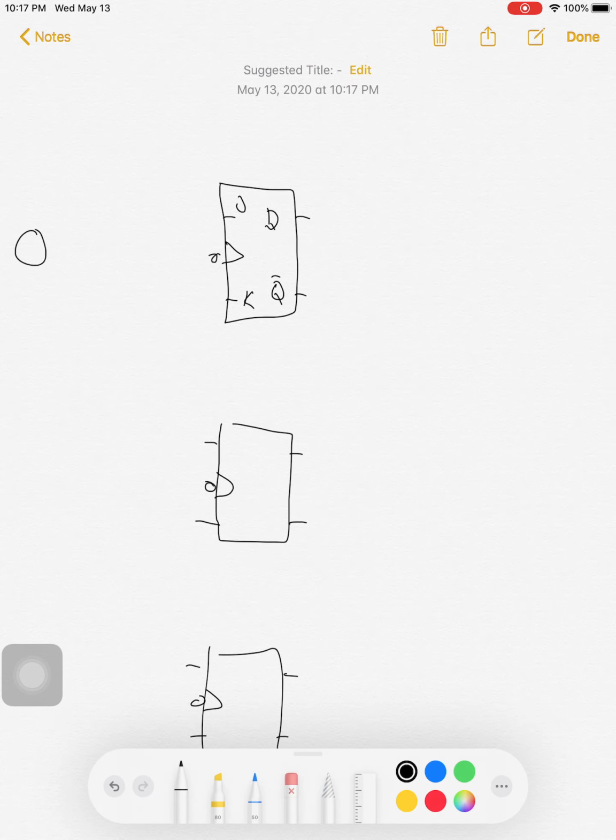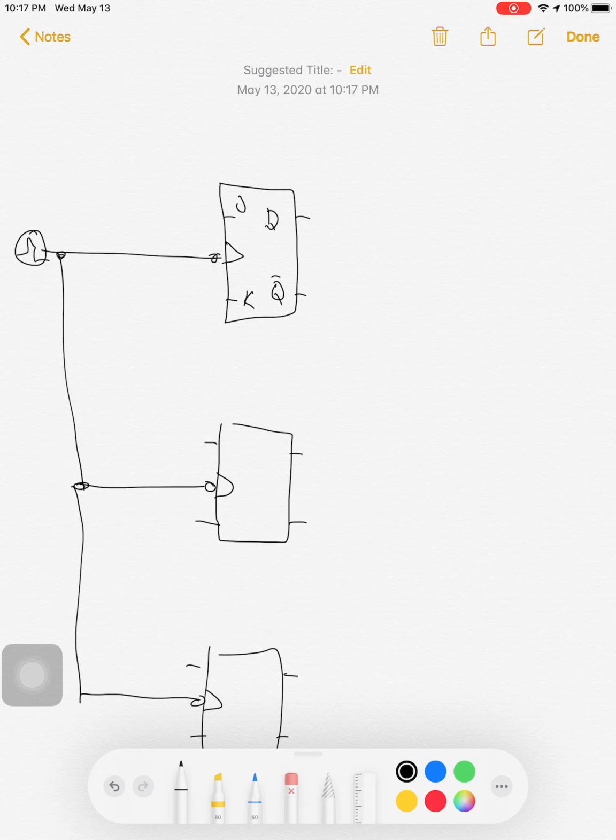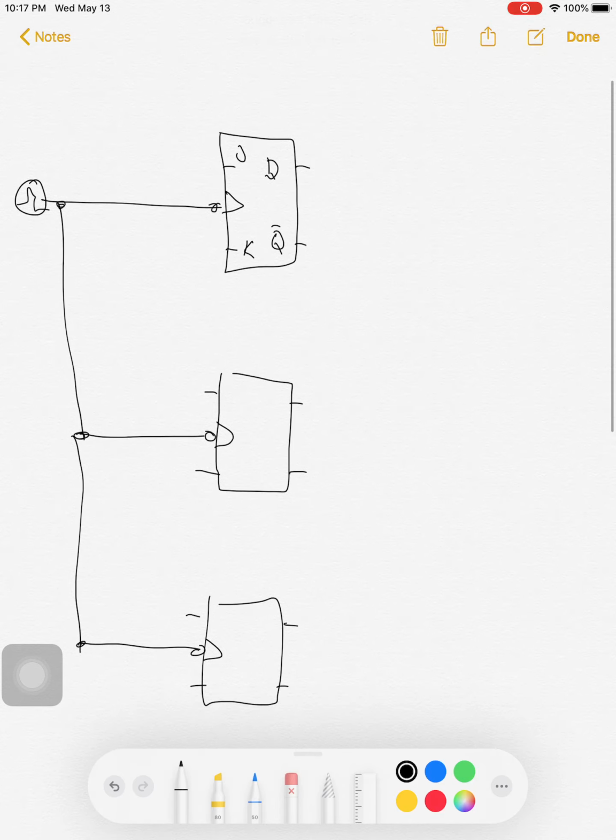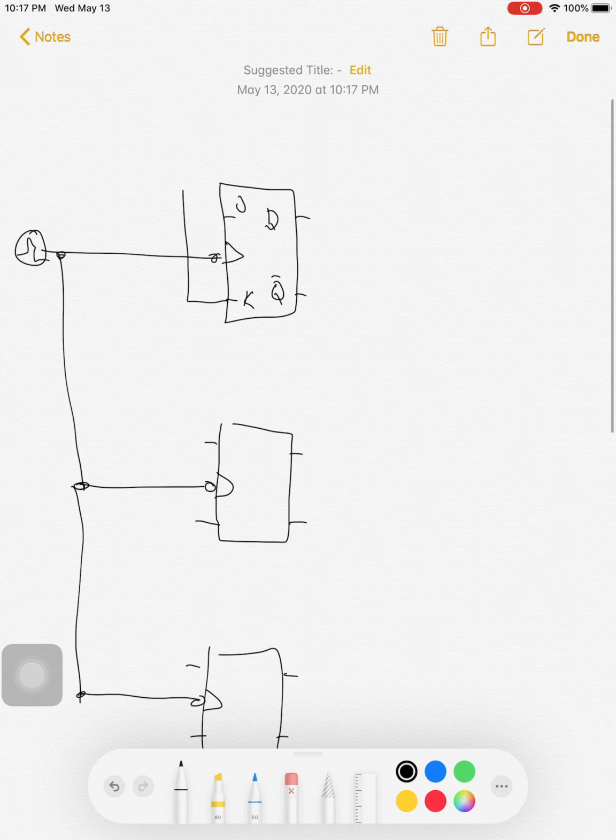Remember, for a synchronous counter, all of the clock pulses are tied back to the same clock. And we have the JK on our least significant bit tied just to power.